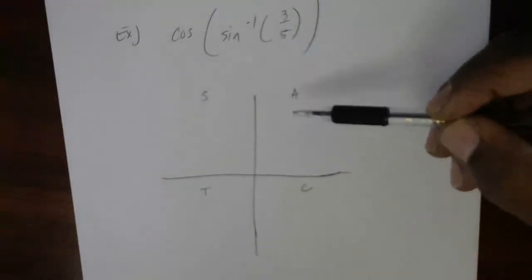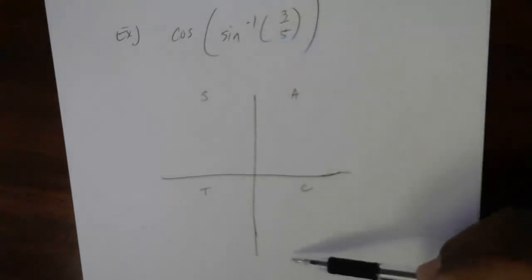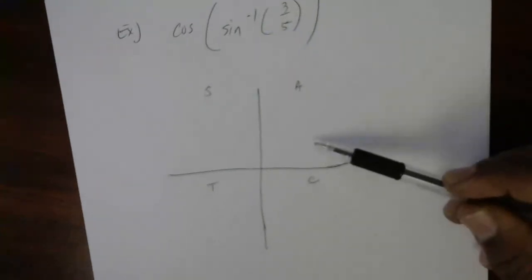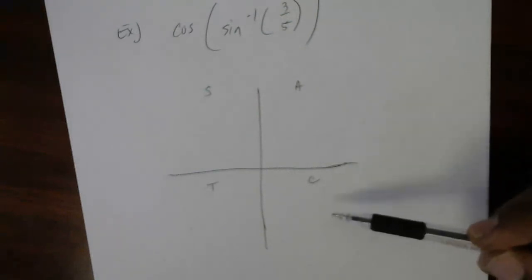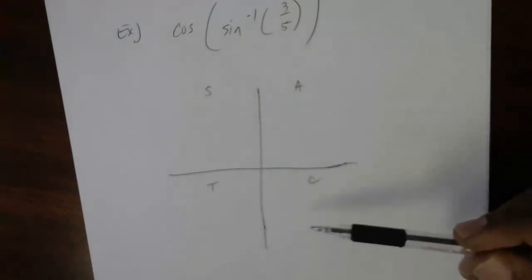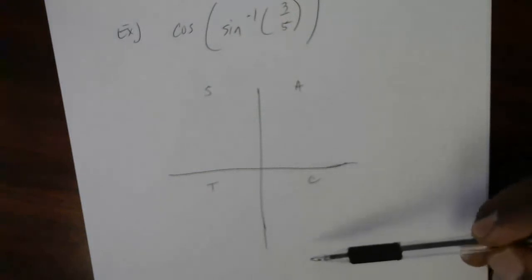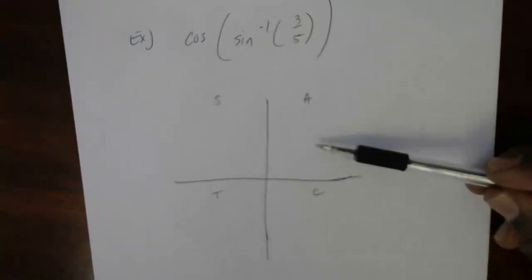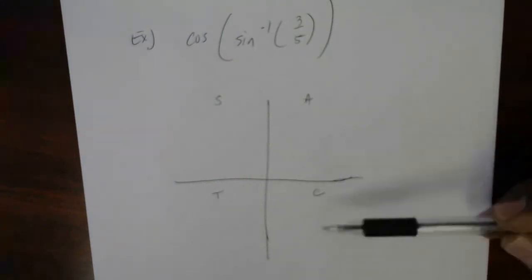So we want to sketch out the arc sine of 3/5. Based on the arc sine, it can only lie in the first quadrant or the fourth quadrant. Our sine is positive only in the first quadrant, because I'm restricted to two quadrants, either the first or the fourth.